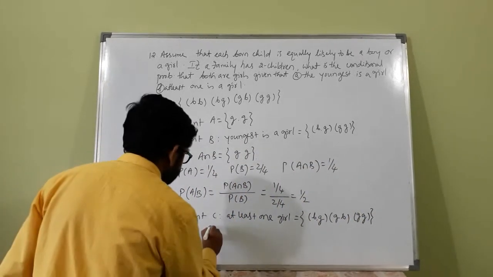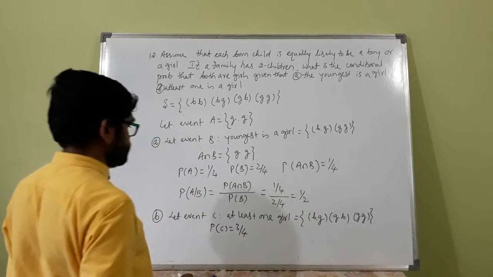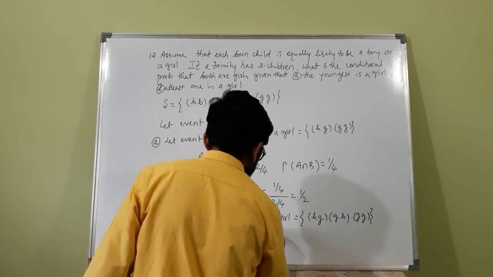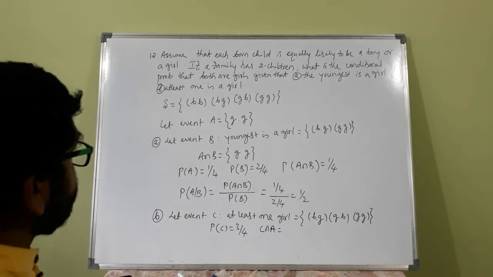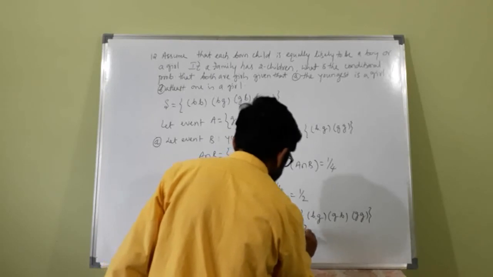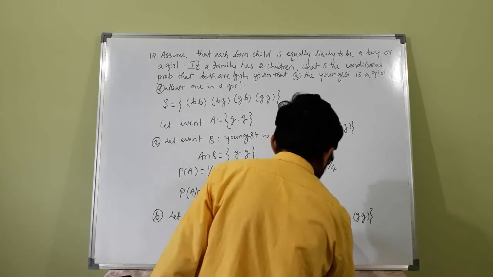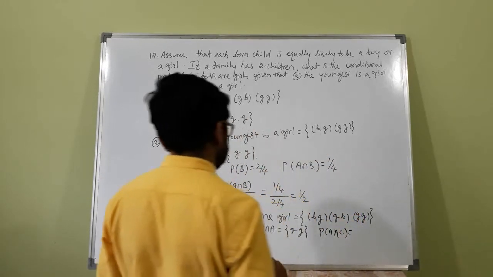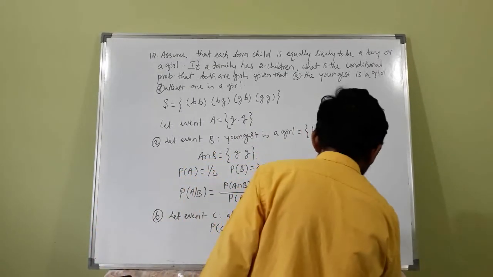Probability of C is 3 by 4. Probability of C intersection A. C intersection A is GG. Probability of A intersection C is how much? GG only, that is 1 by 4.